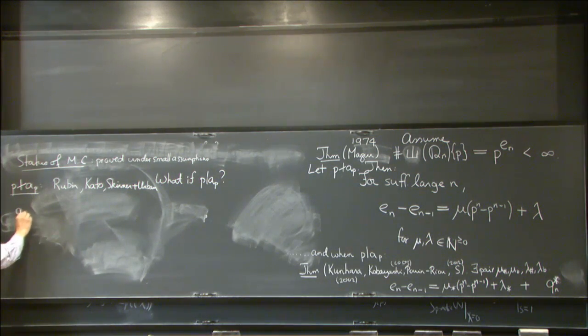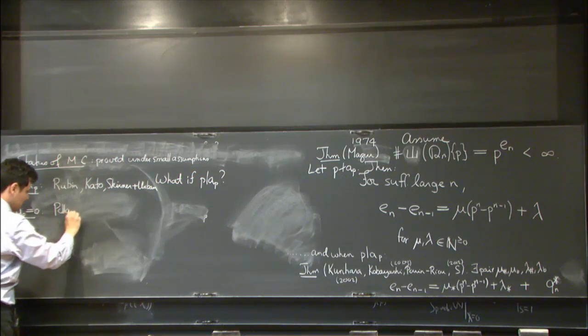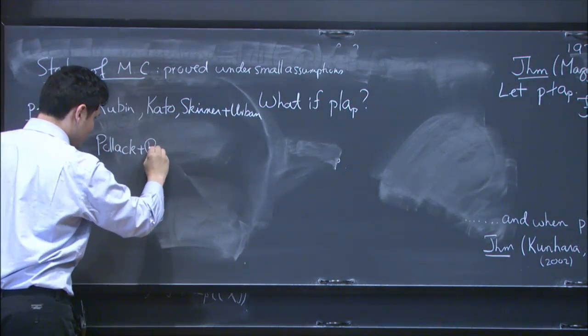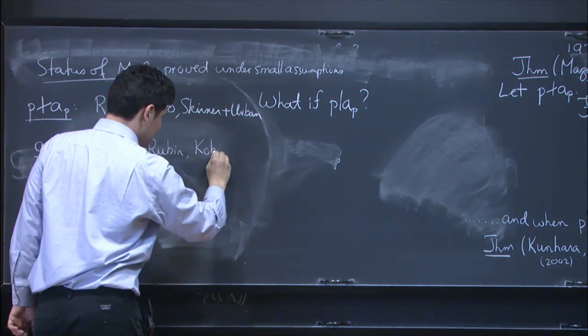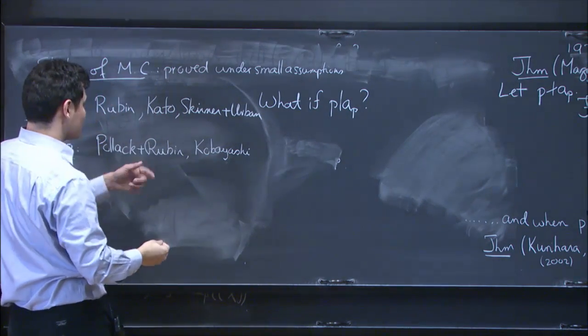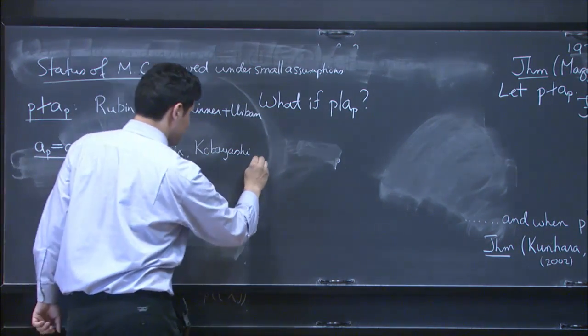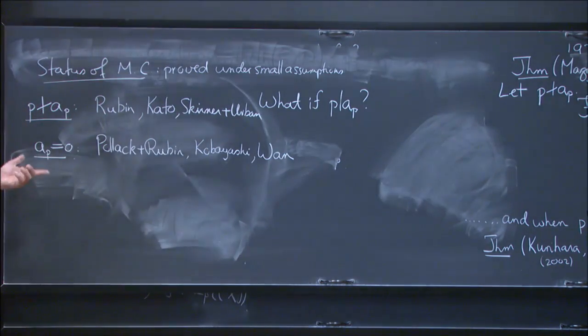And a_p is 0, which is what usually happens when p divides a_p. There's work of Pollack and Rubin in the CM case. And then Kobayashi was the one who formulated the main conjecture and proved one inclusion using work of Kato. And there's recent work of Shin-Wan.